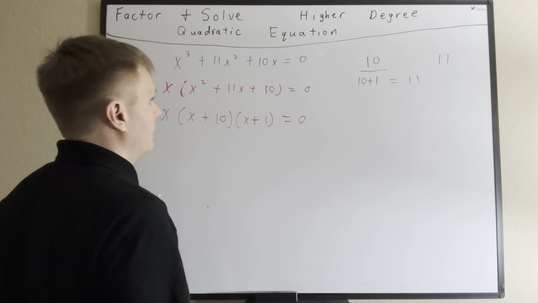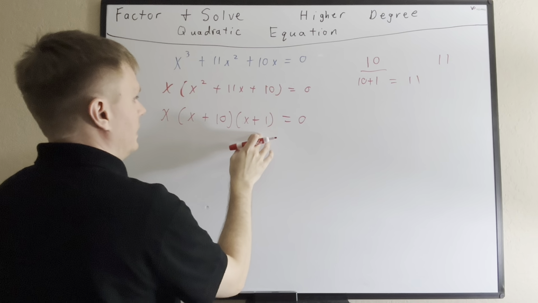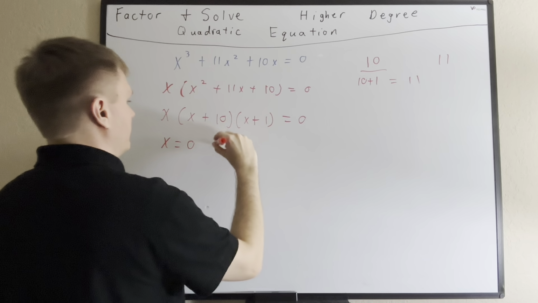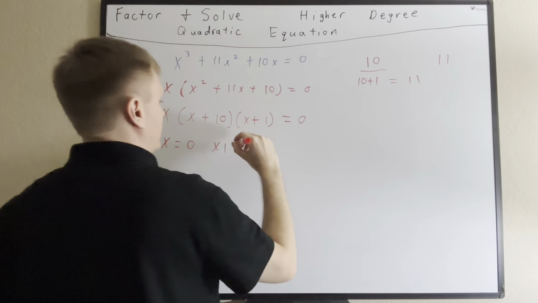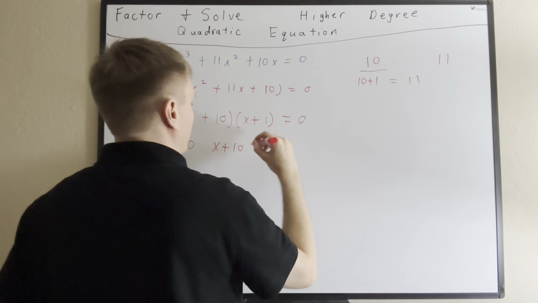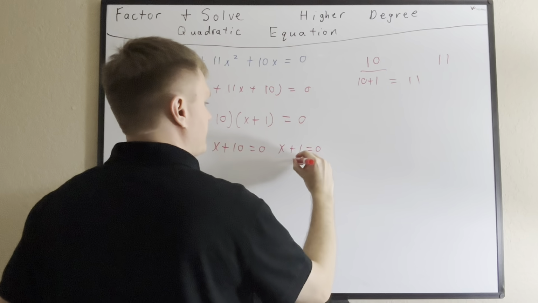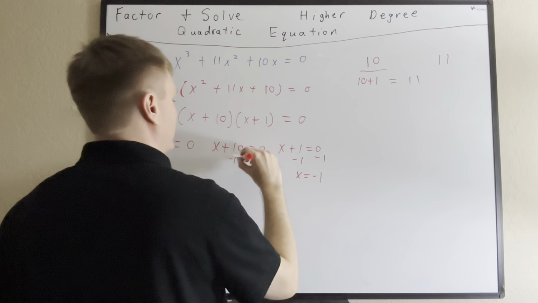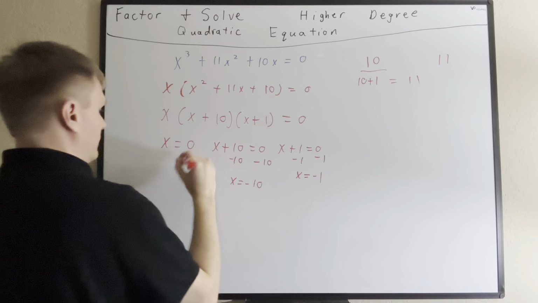I like this. What do we got? Now we just set everything equal to 0, right? X plus 10 equals 0, and x plus 1 equals 0. So x equals negative 10, and x equals negative 1, and x equals 0.